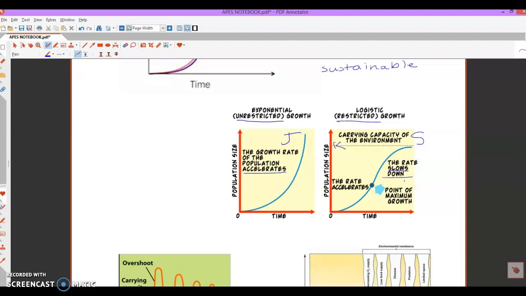Now we know that the environment itself can limit population growth. It is all about the amount of resources available. If there aren't enough resources, then the population is obviously not going to grow.